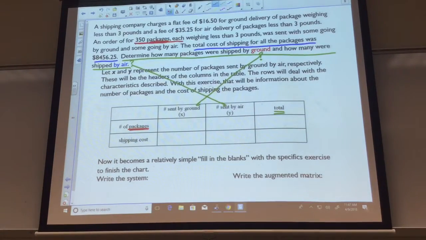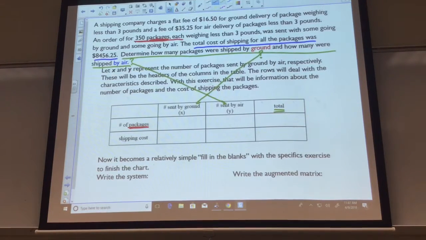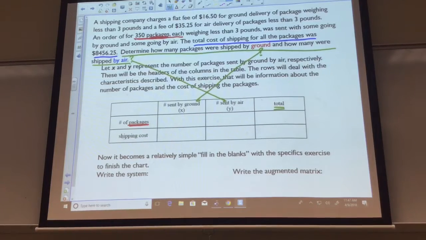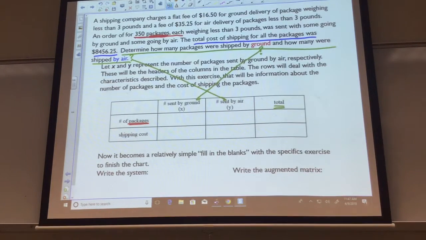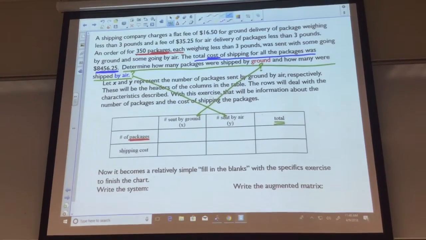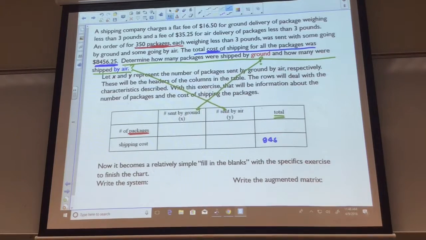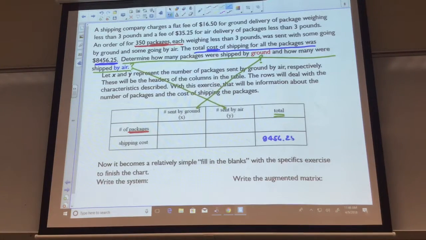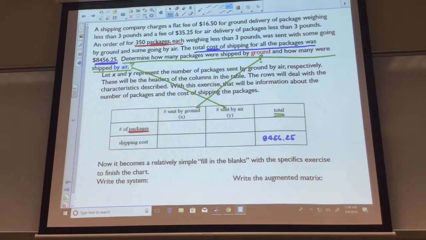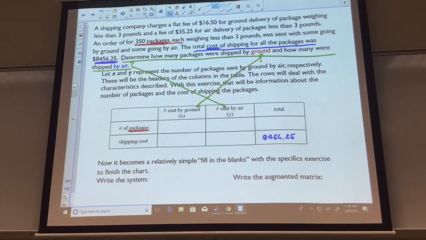Therefore, we know what everything on that row represents. Number of packages. This is the information that was all designed around cost. So we know that this value goes in the cost column. So we have $8,456.25, and we have 350 packages, all told.